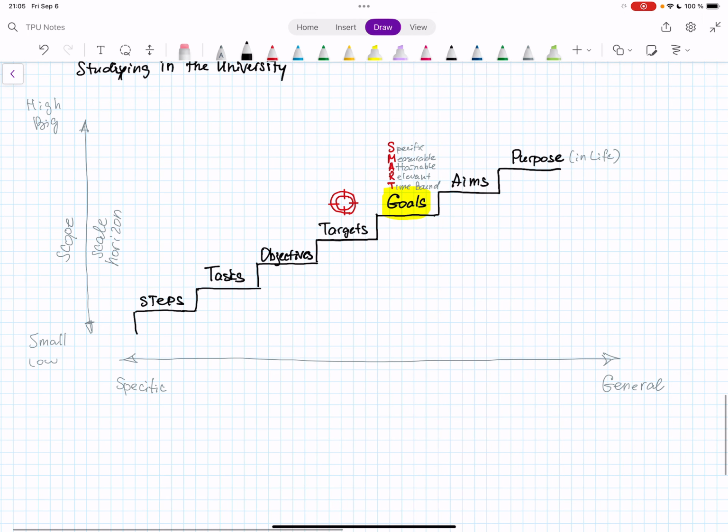So see, these are the words that can be used for goals. Why do I give this to you? So that you can think, okay, if I think about something general in the future, strategic, you can use the word purpose, aim, goal.